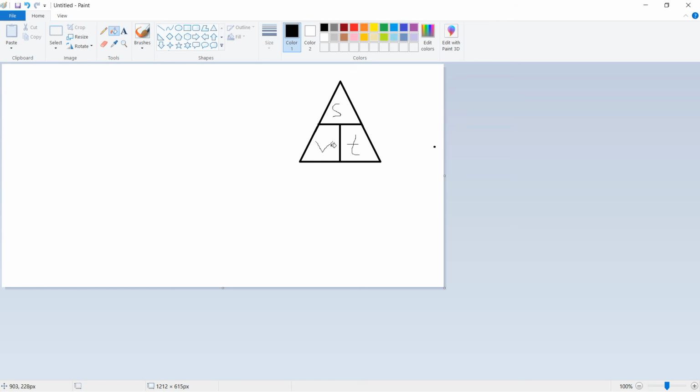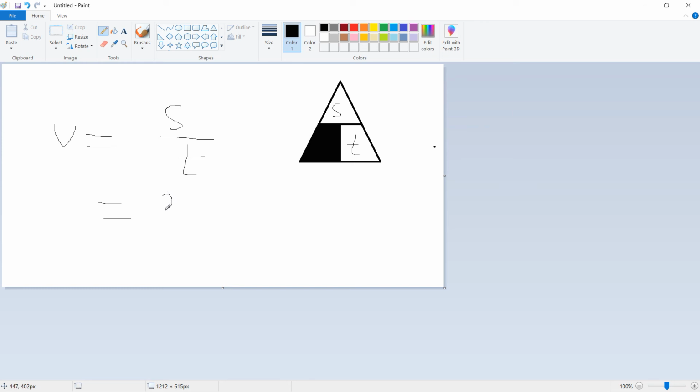If I cover V, what remains? S divided by T. So what is the rule of V? V is equal to S divided by T. What is S? It's the distance. How much is the distance?